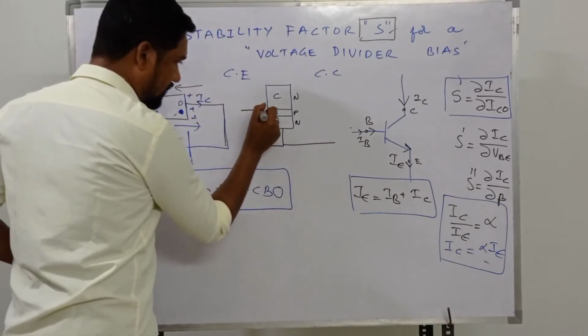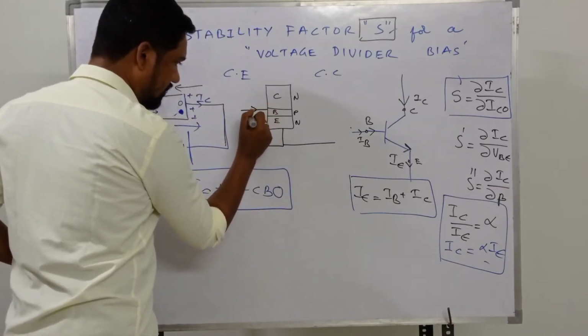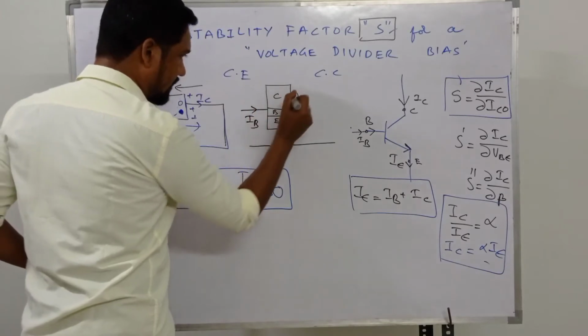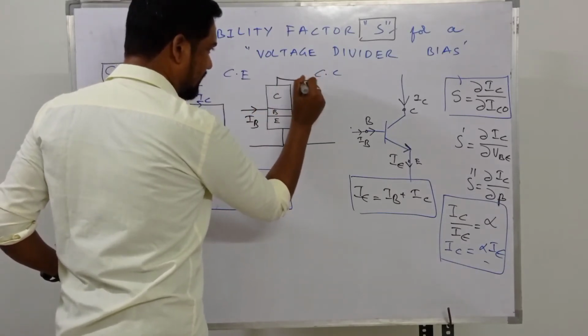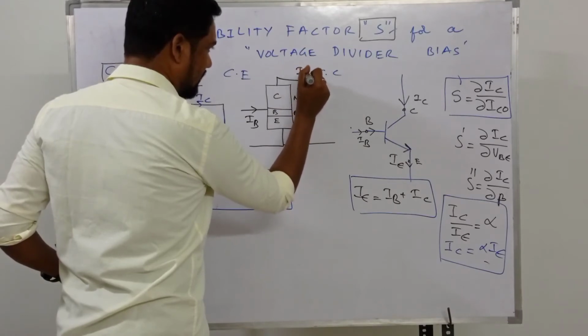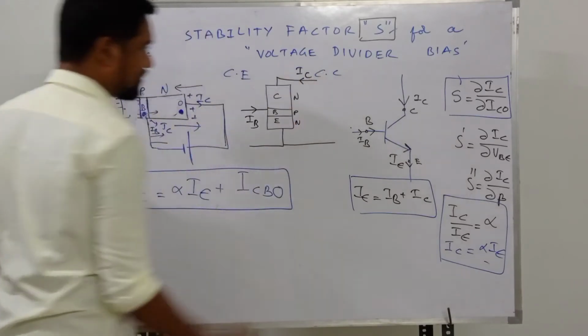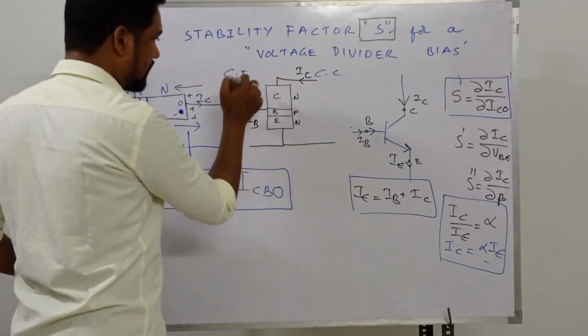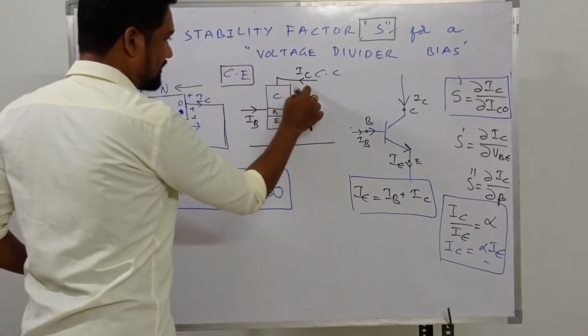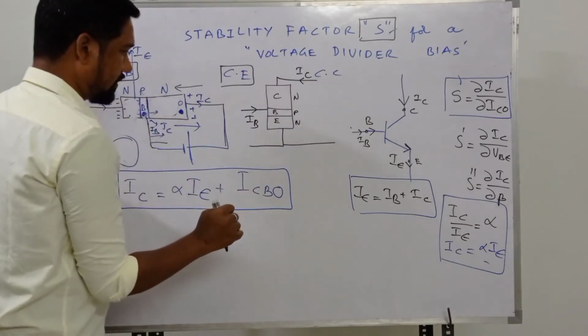Input is given to the base, so IB will be the input current over here, and output is collected across the collector, so IC will be the output current in this configuration. IB is the input current for common emitter configuration, and IC is the output current, right?